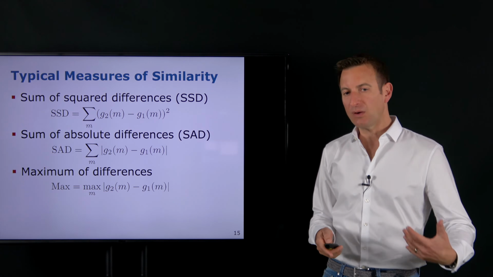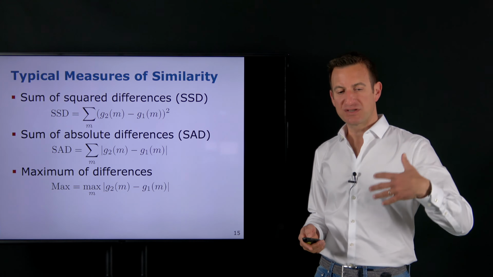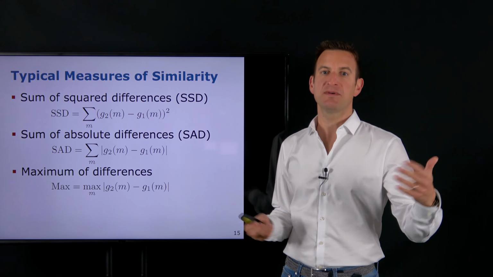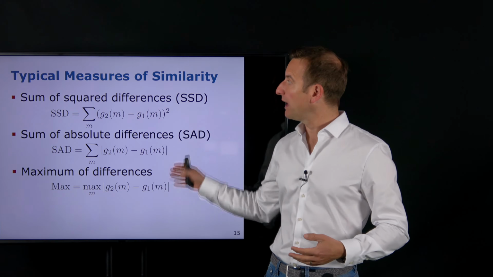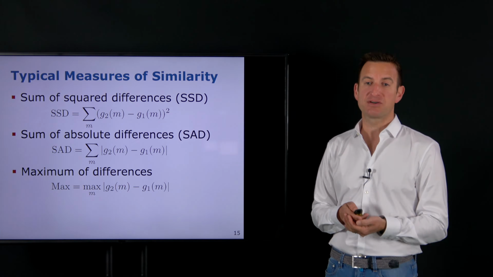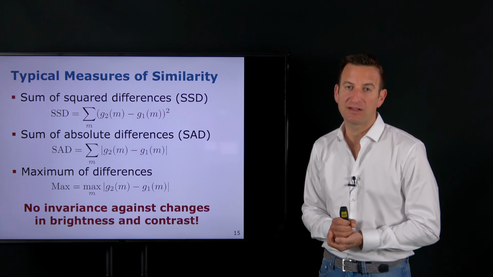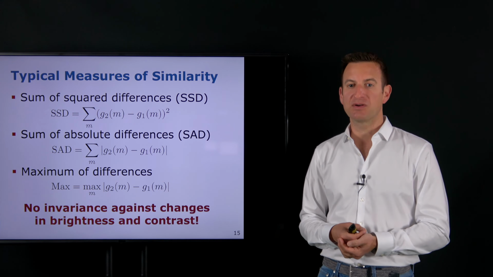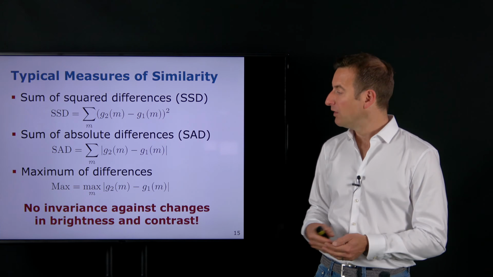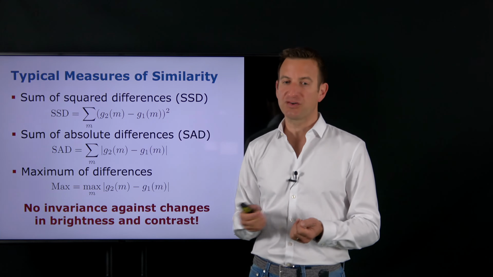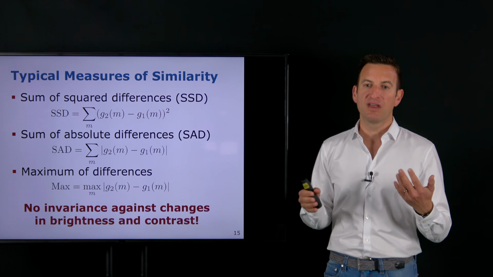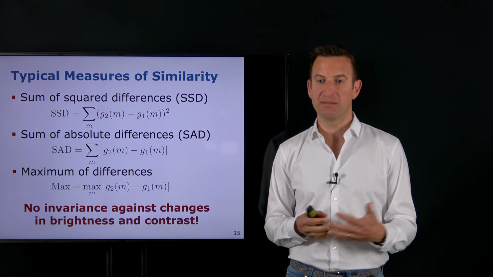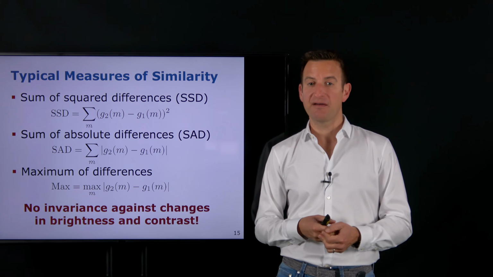If I make one image brighter and compare those images, it will give me a different measure of similarity. And that's something I would like to avoid, because I explicitly want to be invariant under this radiometric transformation that I defined before. All these three measures do not provide me an invariance against changes in the brightness or contrast of one of the images. And that's something that I would like to have.